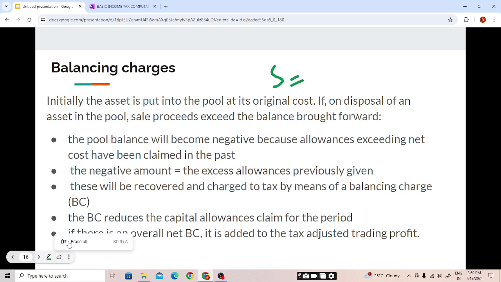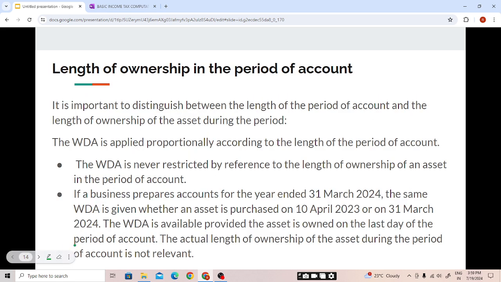Then we covered the length of ownership of the asset and the length of the period of accounts. The length of the period of account is important. The length of ownership is not important; it will be irrelevant. Whether the asset is purchased on 10th April or 31st March at the end, the WDA will be available for the whole period of accounts.